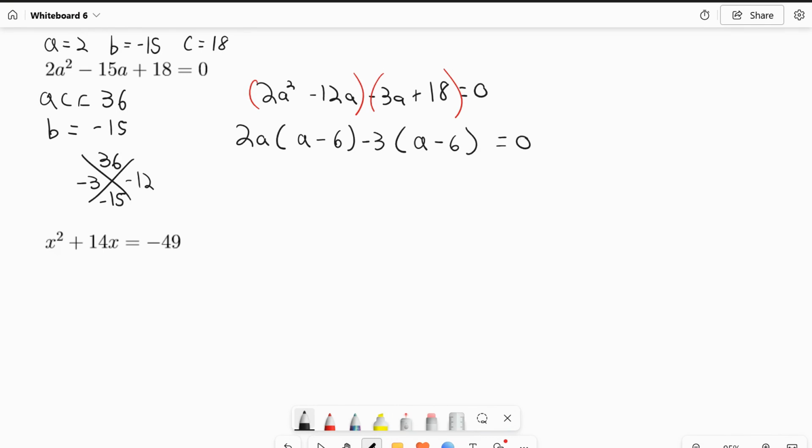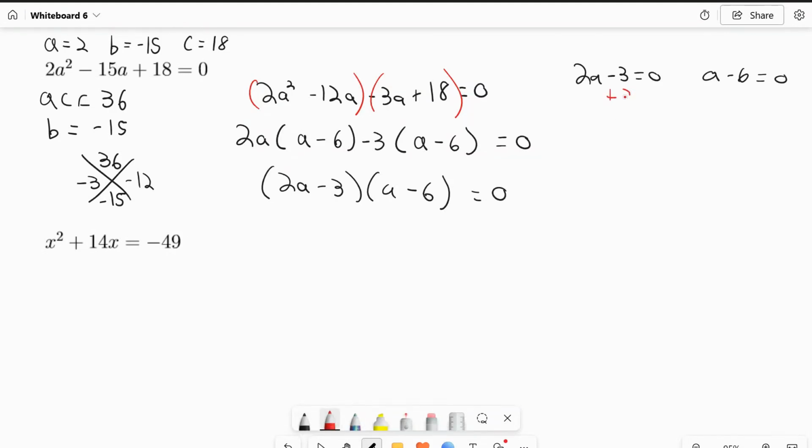From here, I will group my outside two terms, 2a and negative 3, and I will group my two leftover factors. Now to find my solutions, I'm going to set both of these equal to 0. So I've got 2a minus 3 equals 0, and a minus 6 equals 0.